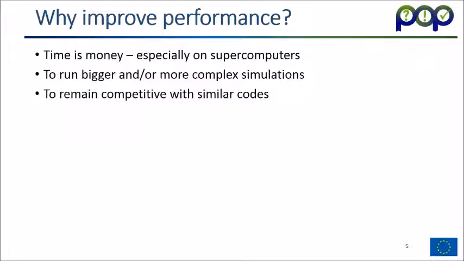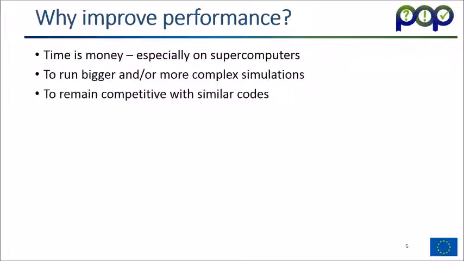So I'll start by asking the question of why you might want to improve the performance of your code. Obviously, if you've tuned into this webinar, I expect you already have some interest in that, but I will outline a few important points. First of all, time is money, especially on supercomputers.